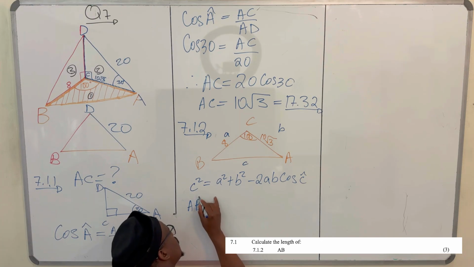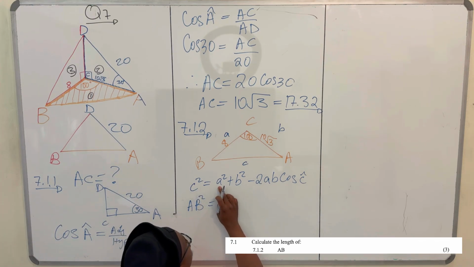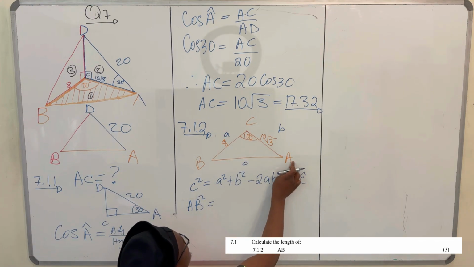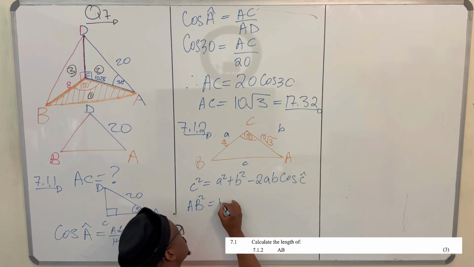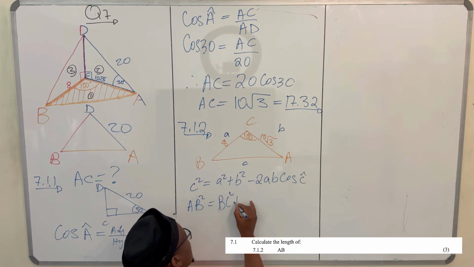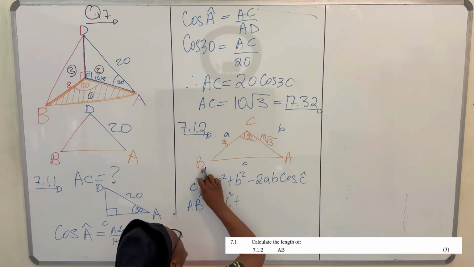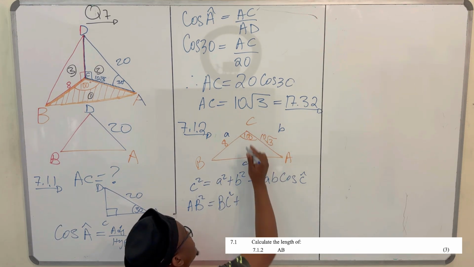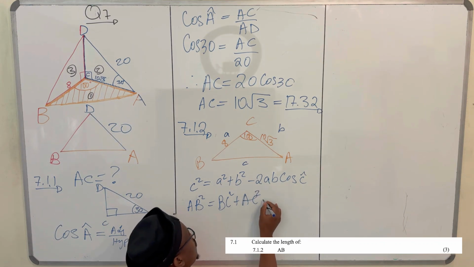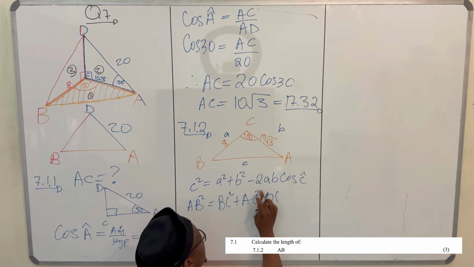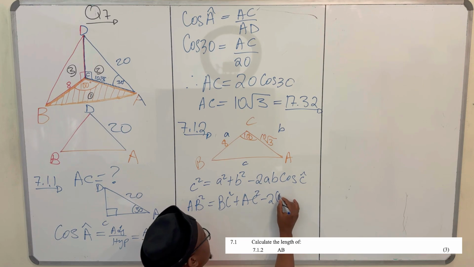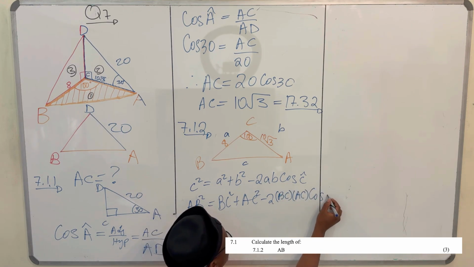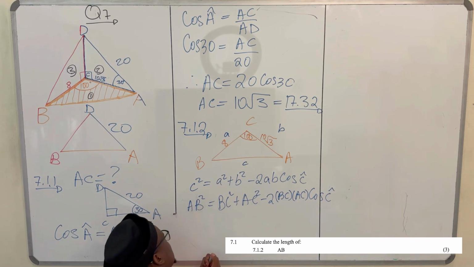AB squared is equal to a squared. Where is small a? Small a is that side, which is BC squared. Plus, where is small b? It should be opposite angle B, so it's AC, which is AC squared, minus 2 BC AC cosine of angle C. Let's substitute now.